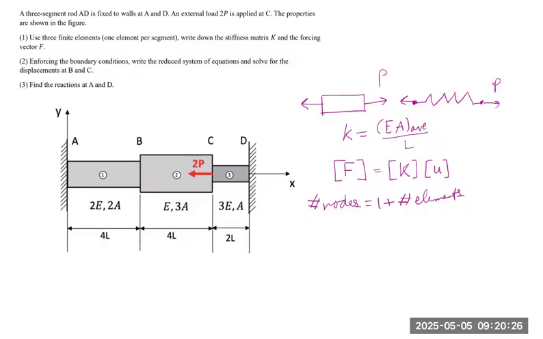So here they already give us the number of elements, so we will be naming our nodes in order to keep track of where they are. So for instance, this one will be called x sub 0, and this one will be called x sub 1, this one x sub 2, and this one x sub 3.